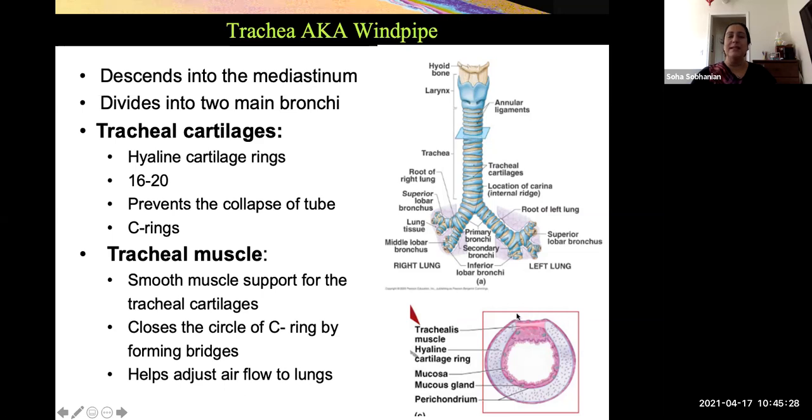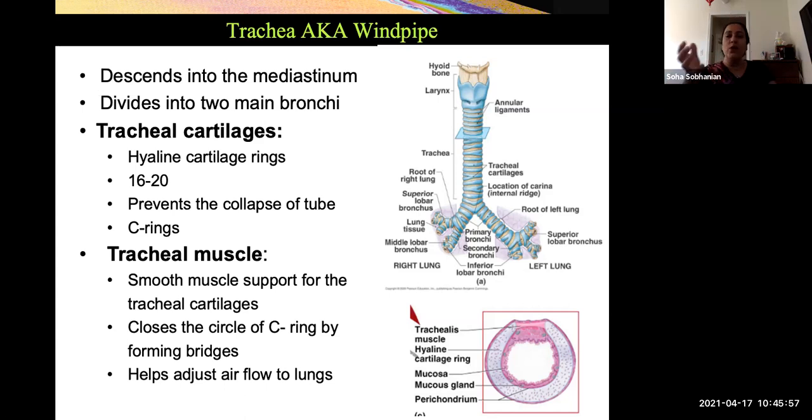This muscle is a smooth muscle that controls the size of your trachea. If you look at my finger, think of this as the C, and the space between my fingers is the muscle. If I contract the muscle, the two ends come close together and it makes the opening smaller.